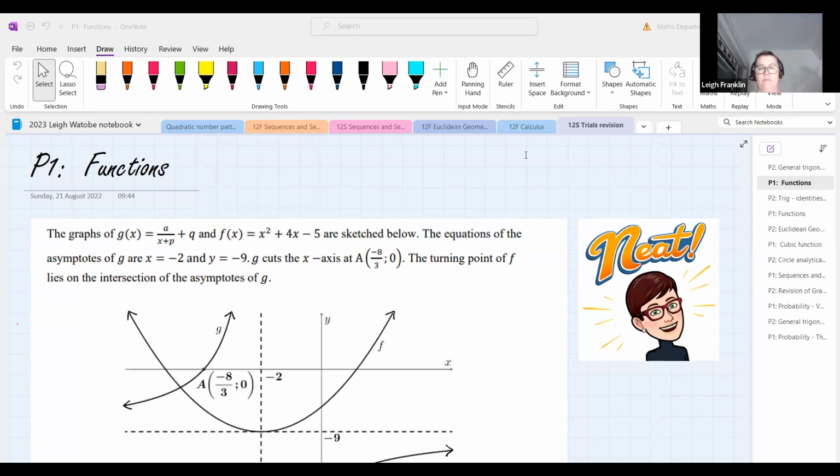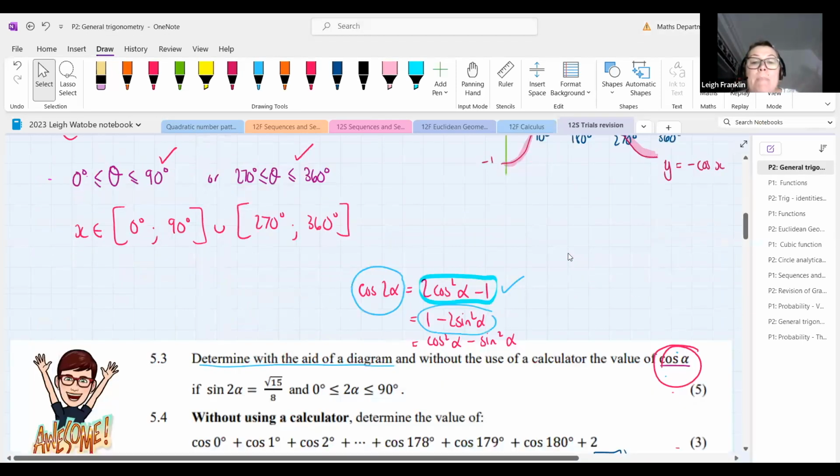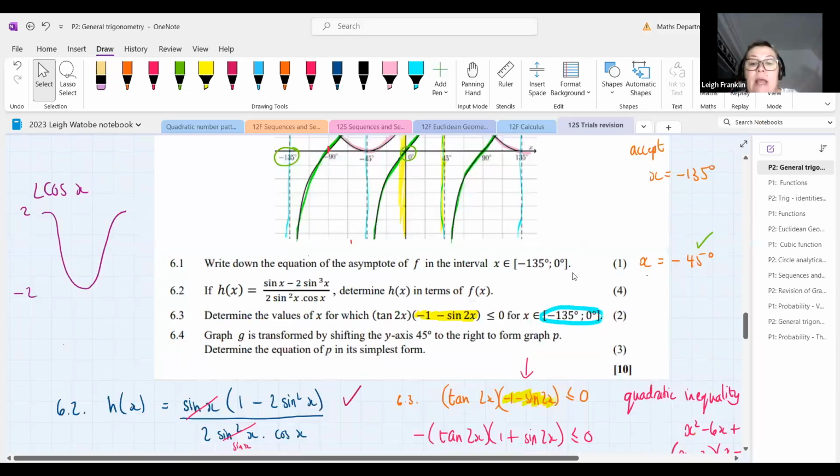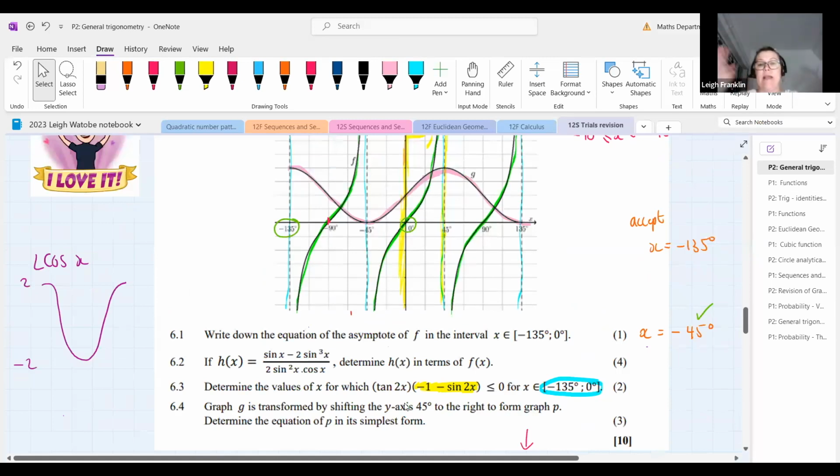Ma'am, just to confirm, did you say that the sine graph would move 45 degrees to the left or to the right? Okay, so in this particular question, what they were saying has happened is that the y-axis has been shifted 45 degrees to the right. That means the graph would have been shifted 45 degrees to the left.